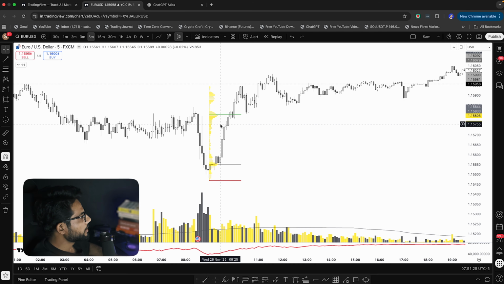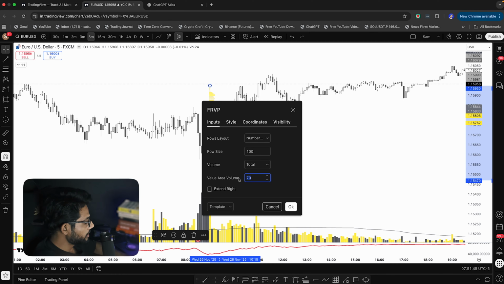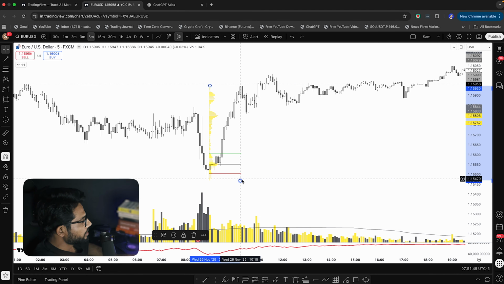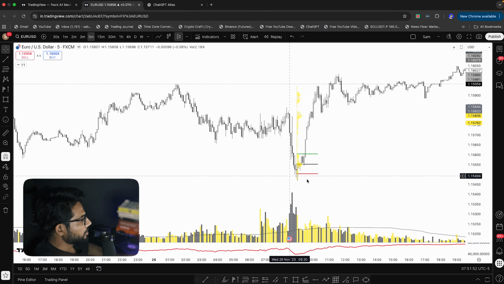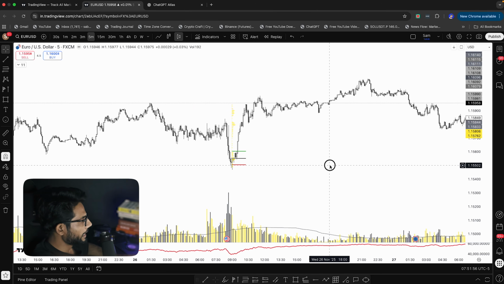So what do the POC, value area high and value area low tell you? They tell you that in this range 70% of the volume was traded, while there was less volume outside it. But what I have figured out through hours and hours of backtesting is that instead of 70, we just need the top 30% of the volume traded in our zone, which gives you a very nice sweet spot to analyze the market.